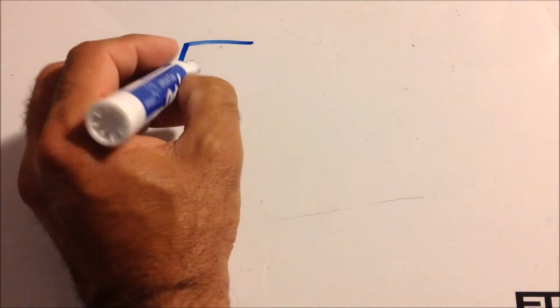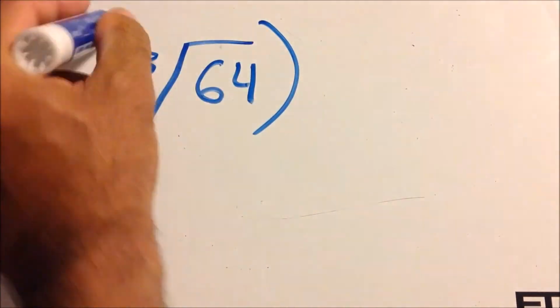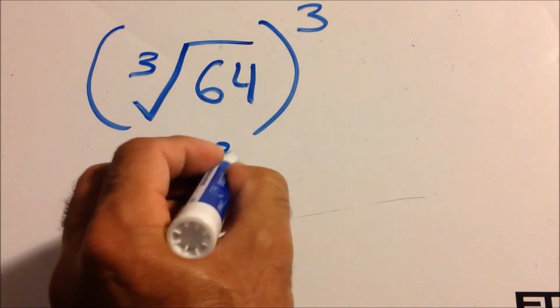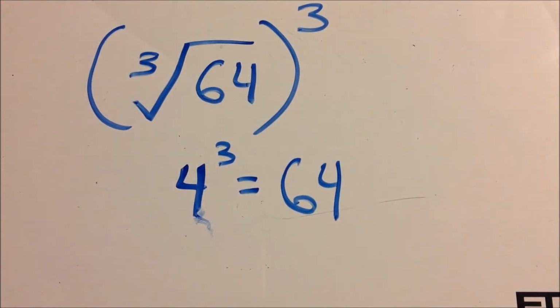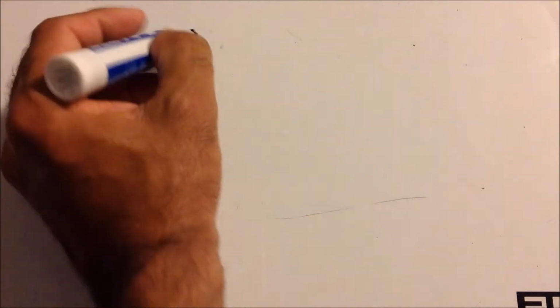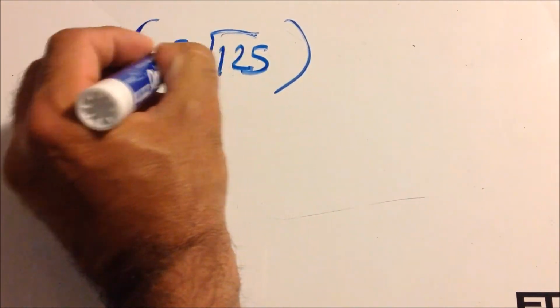Okay. What if, now we can also do something like this. The cube root of 64, and then have it cubed. So first you get, what is the cube root of 64? Well, that's 4. And then 4 cubed is 64. You can do stuff like that. Let's do another one. What if we had, in parentheses, the cube root of 125, cubed?